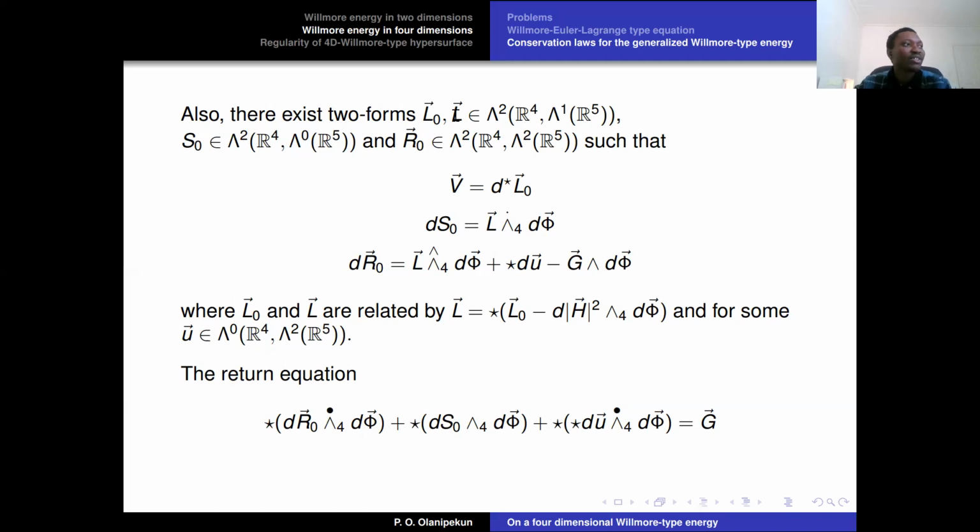So we have the existence of these quantities, L naught, S naught, and R naught, thanks to the Poincaré lemma, that satisfy these equations. L naught and L are related by this, for some U. So U here is a zero form, but it's a two vector.